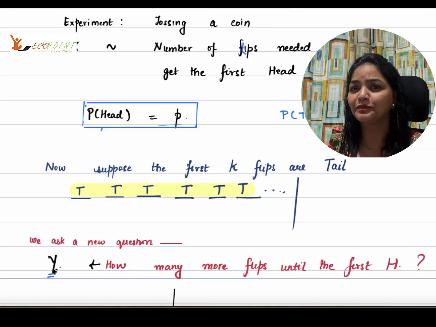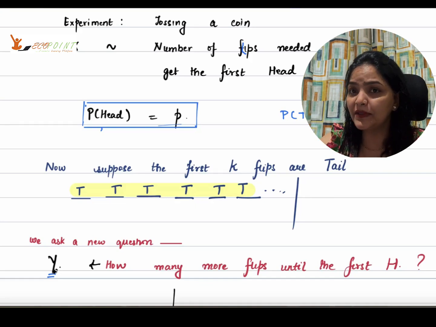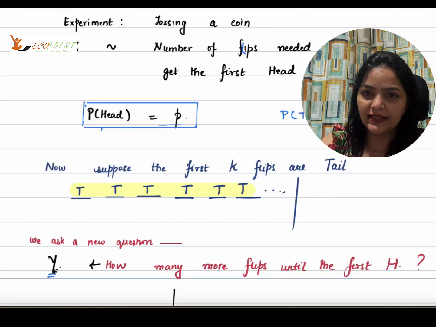Now, just imagine the situation in real life. Do you think there would be any connection between the next few attempts that I take in order to get my first head and the previous K tails that you've already had?